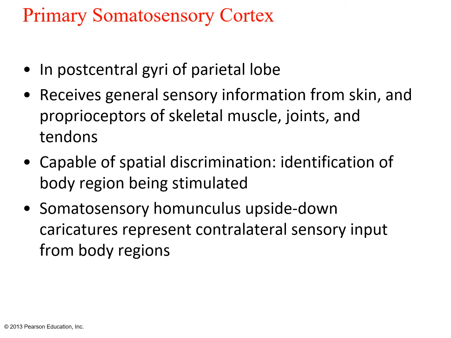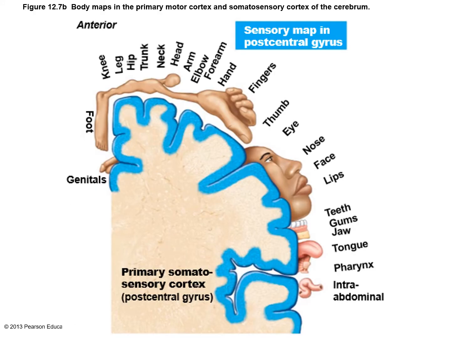And as we've seen before, a somatosensory homunculus represents contralateral sensory input from body regions. And as I mentioned before, there are larger areas of the somatosensory cortex devoted to areas with higher concentrations of nerve endings.